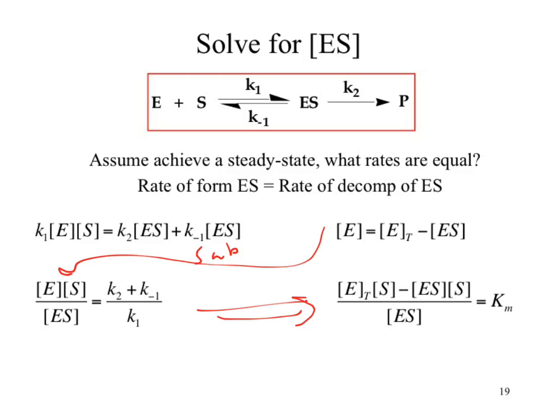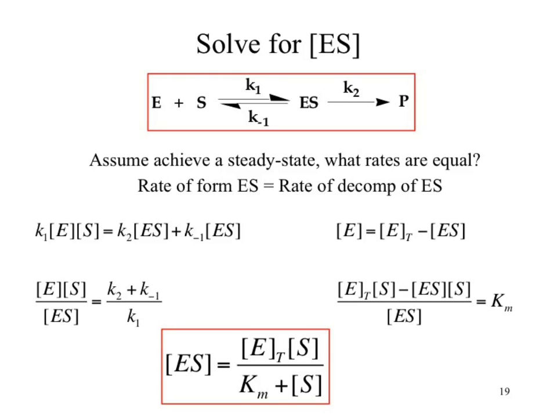Okay. We've now gone through and simplified, if you will, our expression. Okay? We can then rearrange this again into this final expression. Why this final expression? Because you're eliminating the rate.